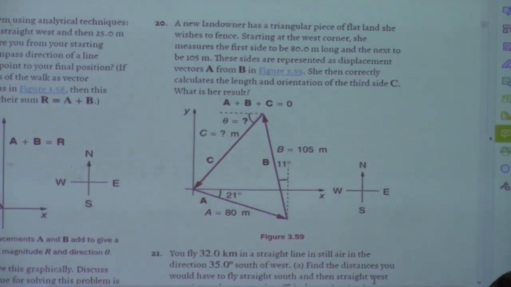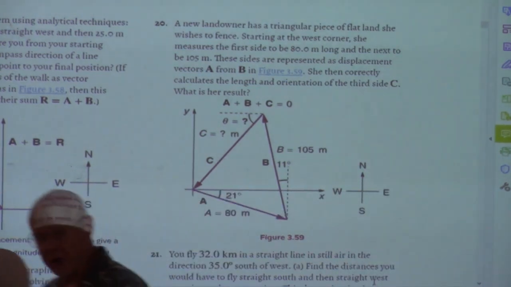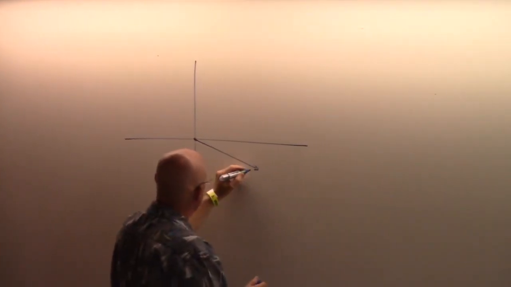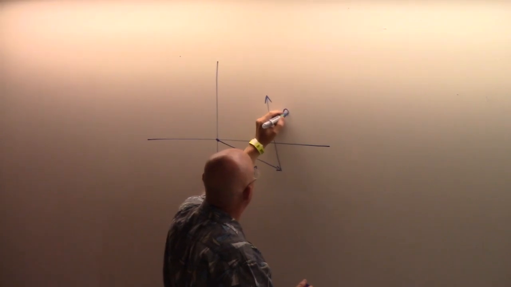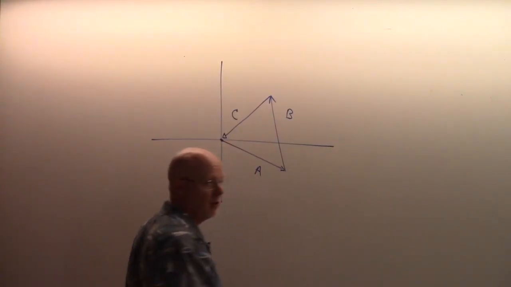Now, they're going to help you out here because this problem has 3 vectors, so it's one step above what I did. But did you notice, vector A plus vector B plus vector C would equal what?